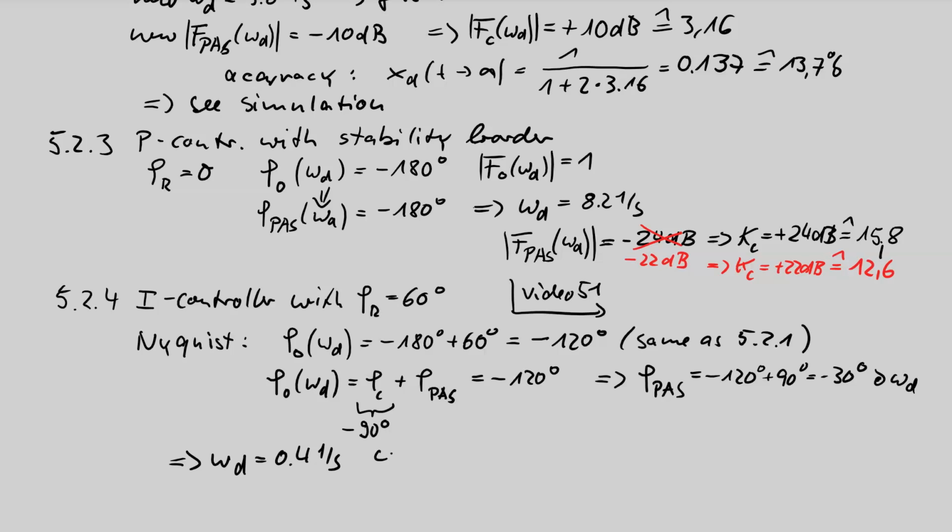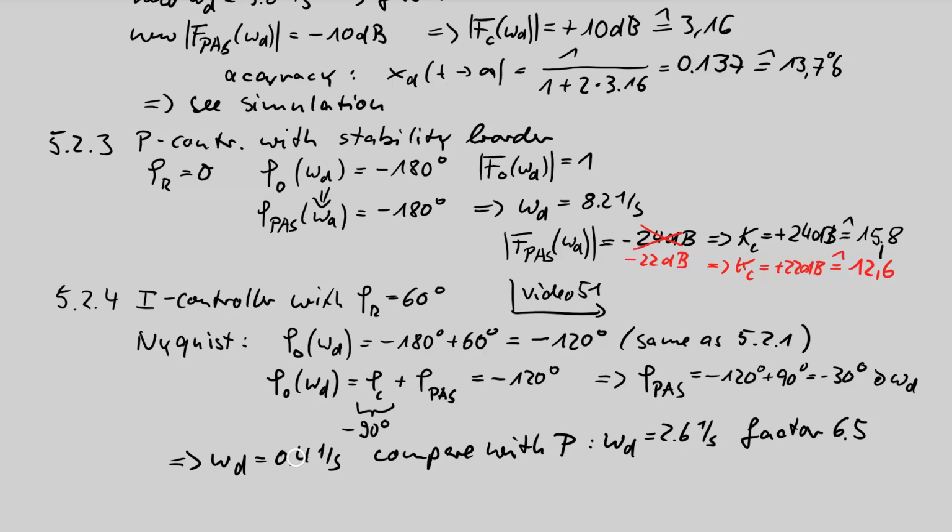Now compare with the same phase margin with P. Omega d for P was 2.6 per second. This is a factor 6.5 slower. Now we see omega d is a speed indicator. That was the P controller speed.